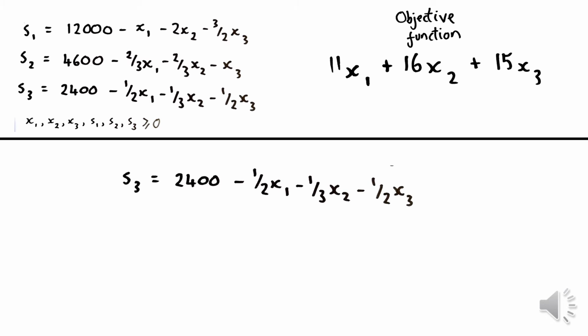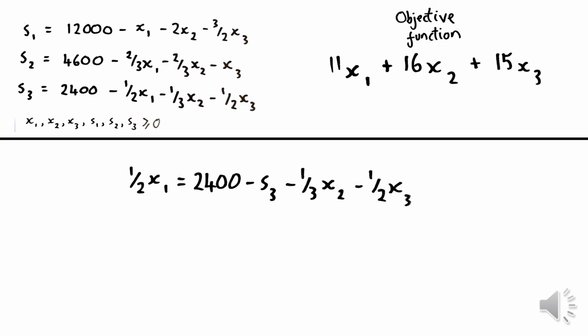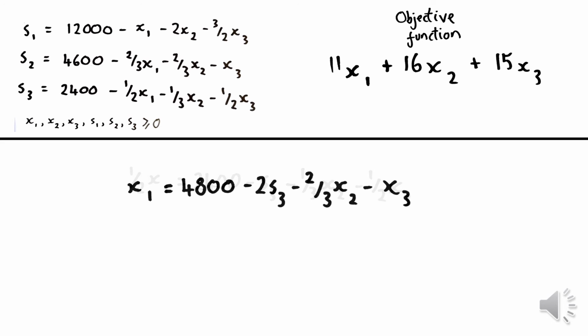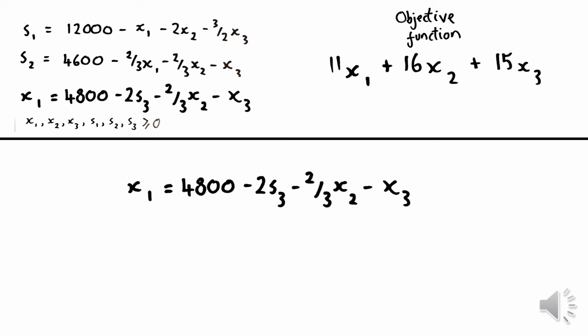First, we'll swap the half x1 with s3. Then we can double the whole equation. Notice that x1, which is now on the left, has become a basic variable, while s3 has become a non-basic variable. We can then swap this in for our old constraint and start substituting the right-hand side for all the other non-basic x1s.